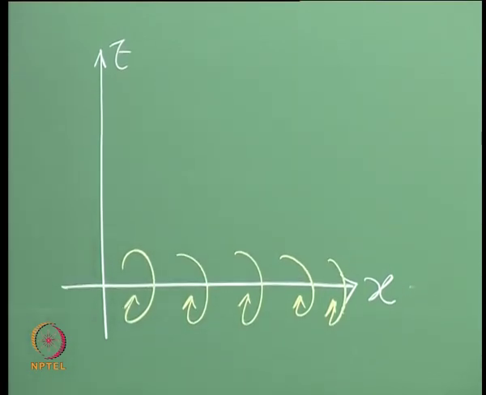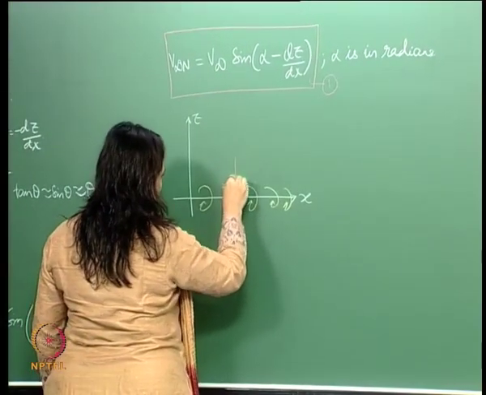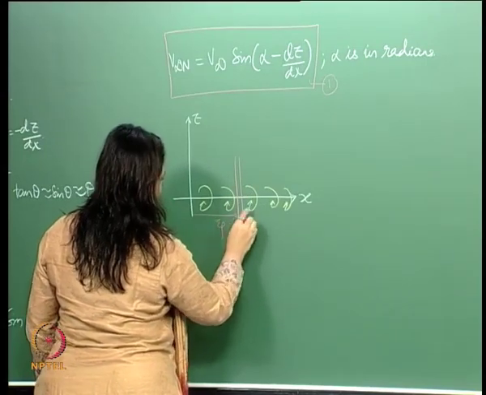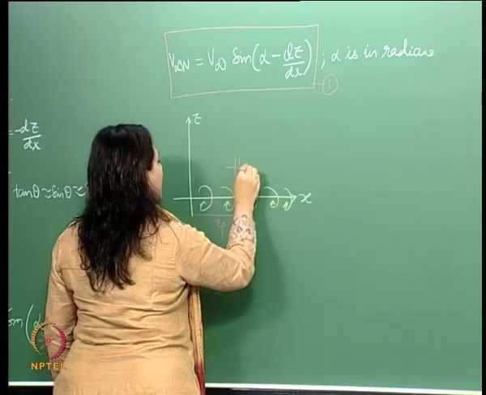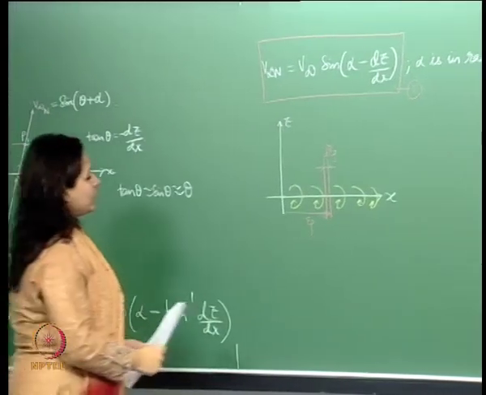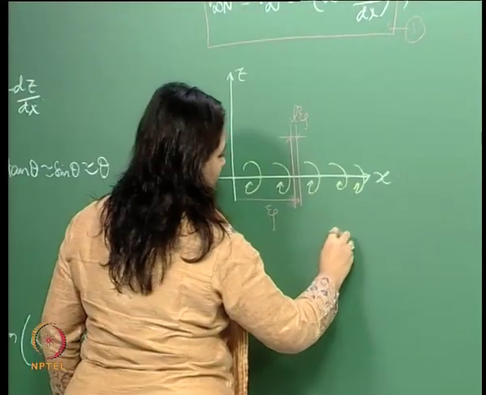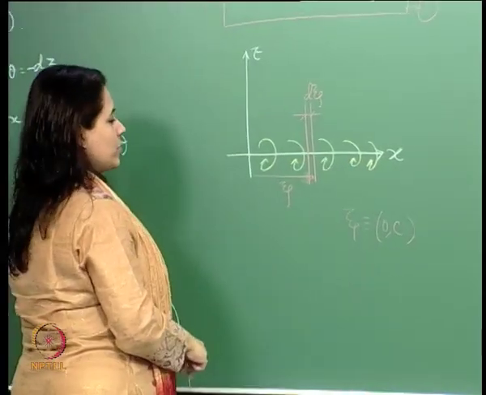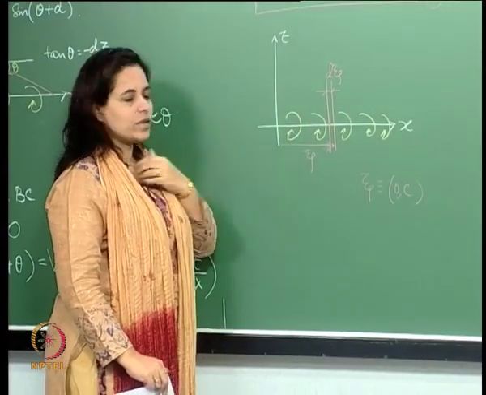Let me consider this distance to be z, and this element here to be dc. So z goes along x, from 0 to c on the chord length. At a particular c, take a small element dc over here.